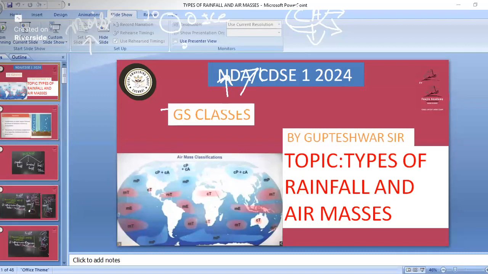So by knowing the name itself you can guess. Now, in this classification of air masses, maritime air mass forms over the water. Continental air mass forms over the land. Then the polar air mass is in the polar area, and the tropical air mass is in the tropical area.